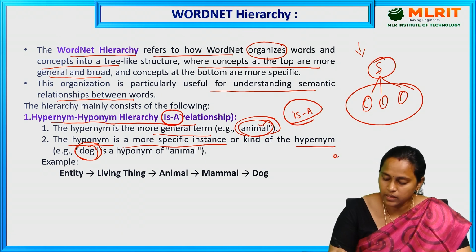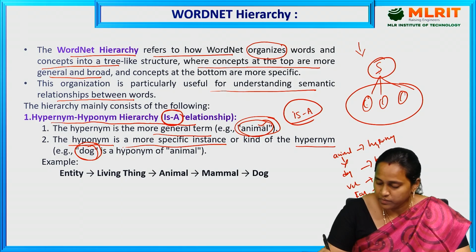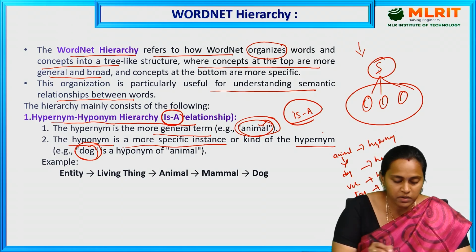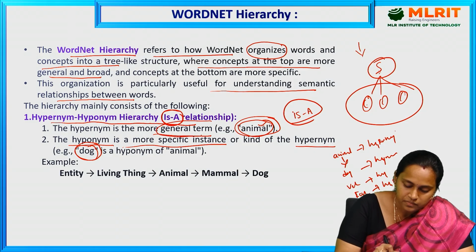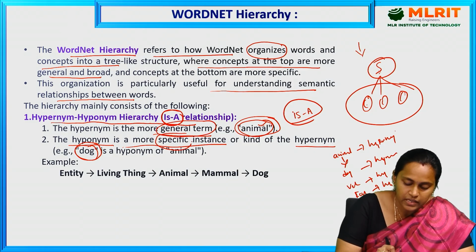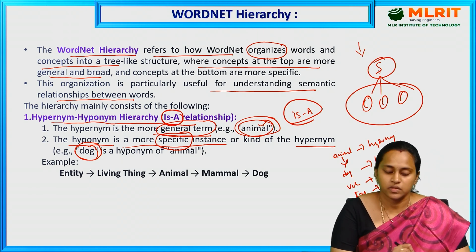Animal is the hypernym, and within that dog is the hyponym. In the previous example vehicle is the hypernym and car is the hyponym. This is the difference. The hypernym is a general term, but the hyponym is a specific instance. That means a particular specified instance is called a hyponym.